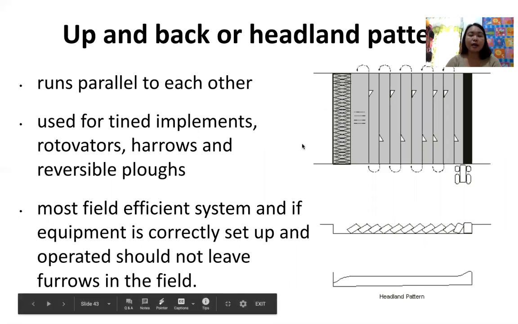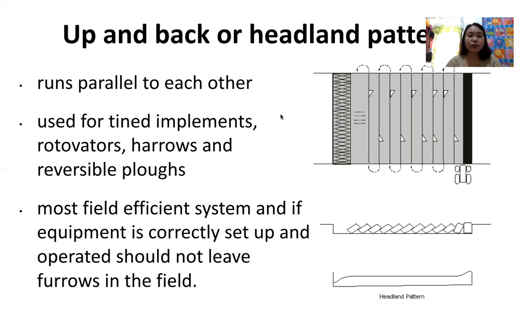For the up and back or headland pattern, the runs are parallel to each other. So if you start here as shown on the figure, then you just run up and back, or headland.